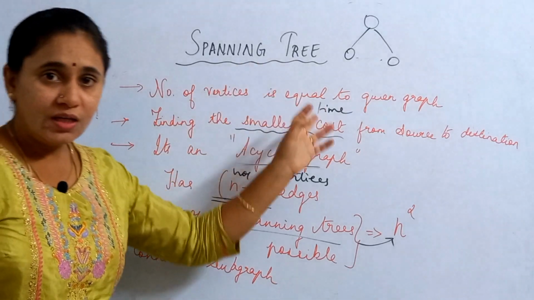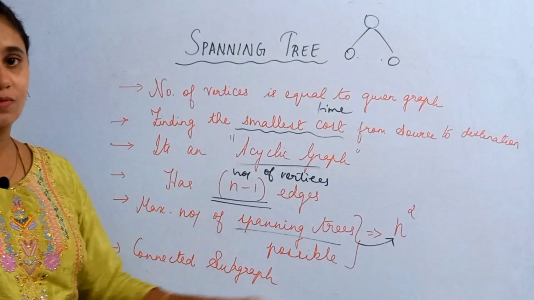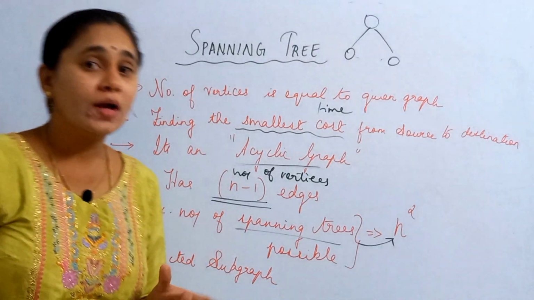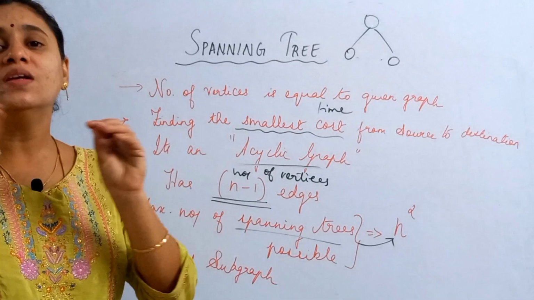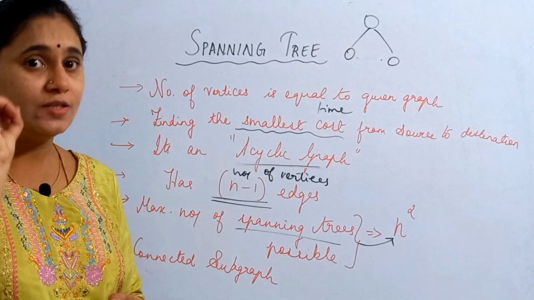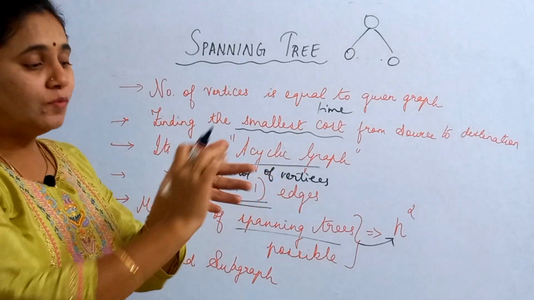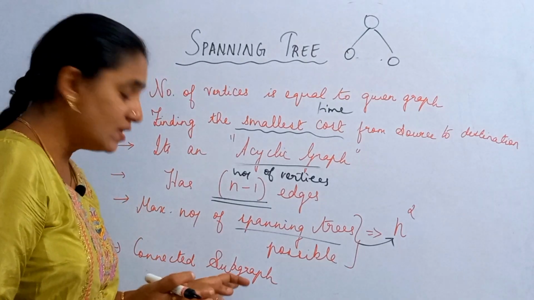So a spanning tree will be a connected subgraph. What is a connected graph? A connected graph, which I have already discussed, is one where all the vertices are connected, with at least one path between the source and destination. What is a subgraph?